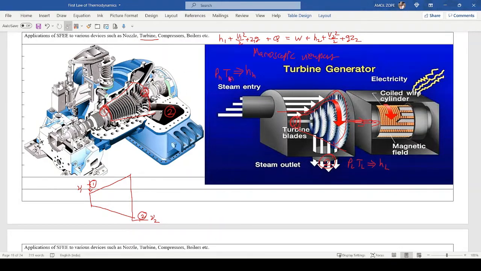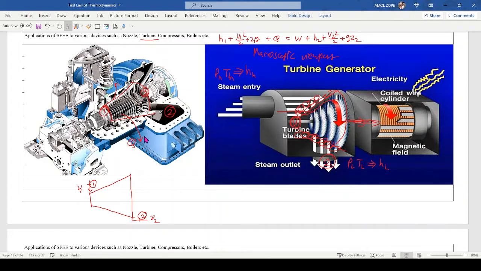Now, though the steam going through the turbine is at a higher temperature, let us assume that the turbine is insulated, as if there is very little heat transfer out of this turbine.